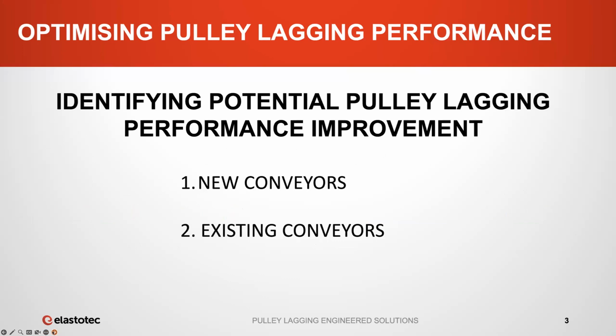In today's session, we'll look at ways of identifying opportunities for improved lagging performance on both new conveyors during the design stage and also on existing conveyors. By improved performance, I'm referring to improving the performance of the pulley lagging and conveyor belt interaction.